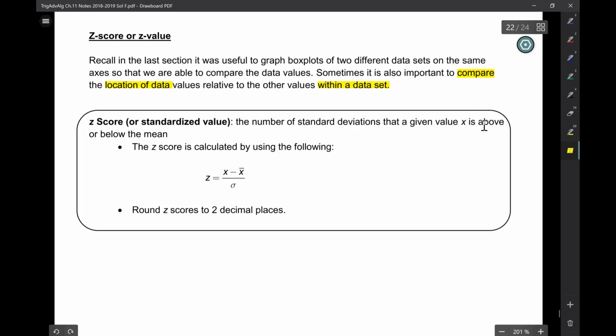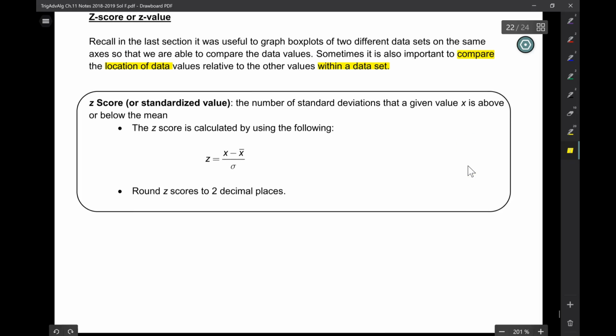So you don't compare it to people in another data set, within the data set. Is this person close to the mean, away from the mean, and so on. Z-score is the number of standard deviations that a given value is above or below the mean.